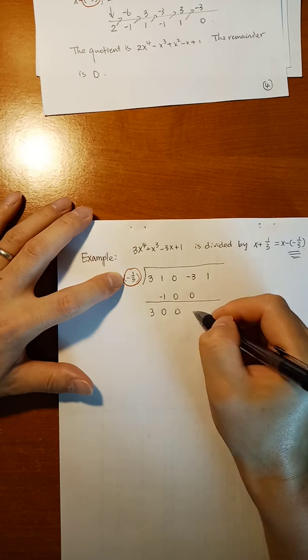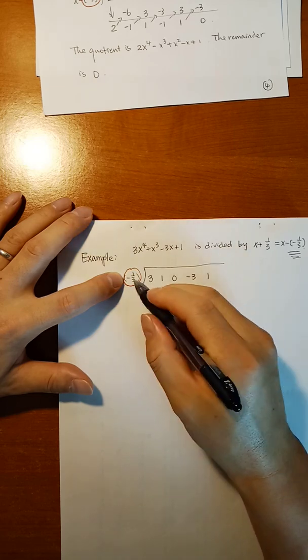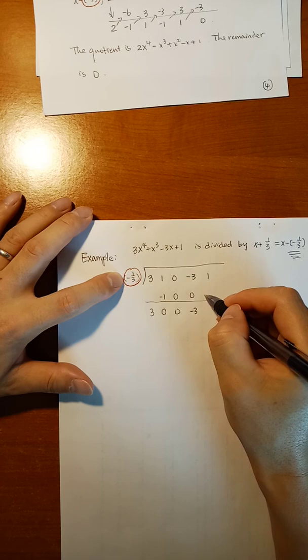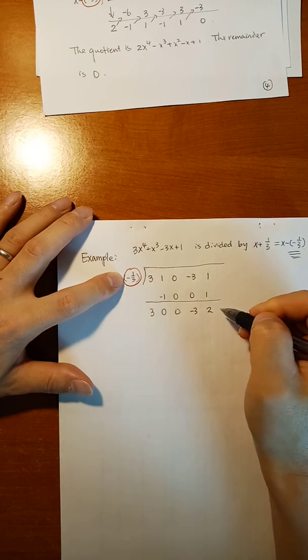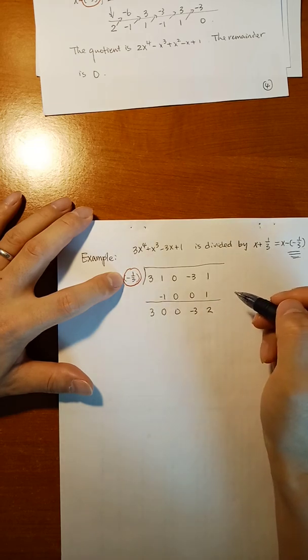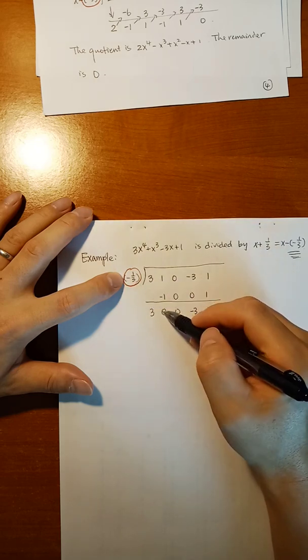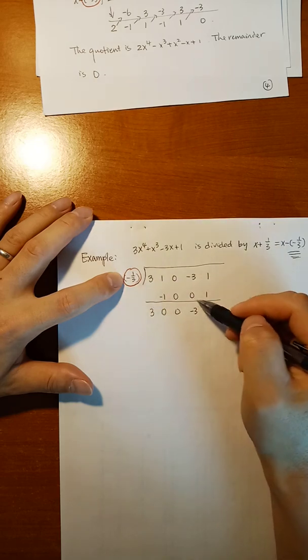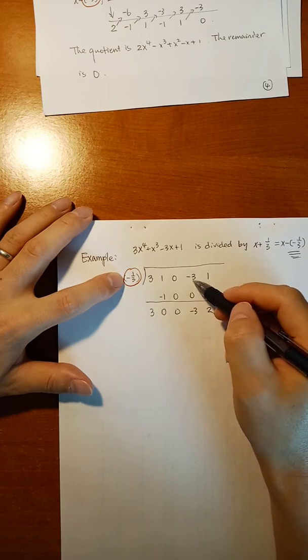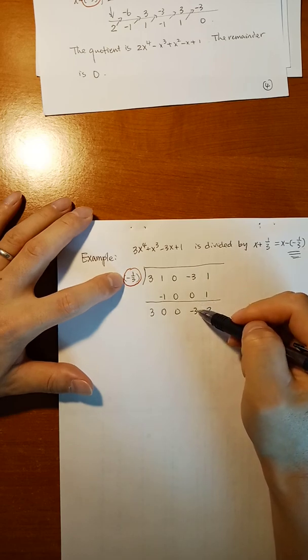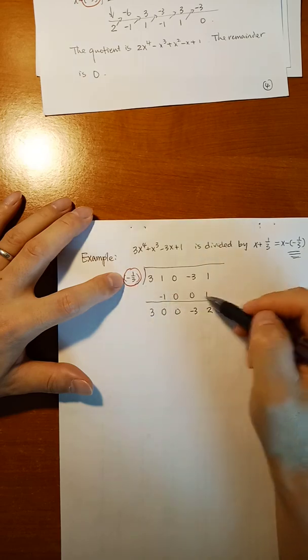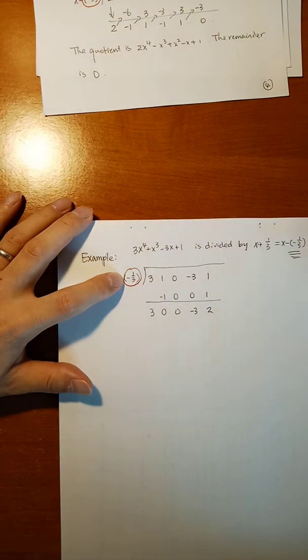Negative 3 plus 0 is negative 3. Negative 3 times negative 1/3 is 1. 1 plus 1 is 2. Right? So 3, negative 1, 0, 0, negative 3, and the last addition is 1 plus 1, which is 2.